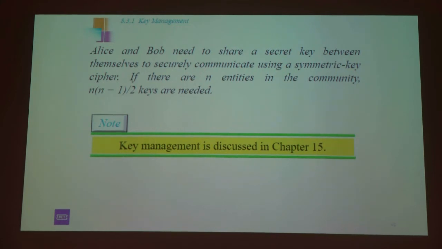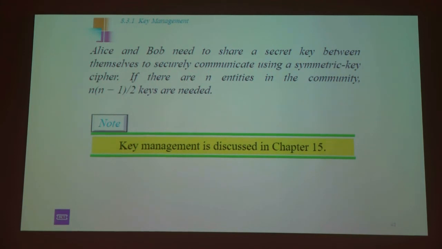This is a major problem, because if we are, for example, 10 people here, we need to share keys. I need to share a key with him. He needs to share a key with Scott. Scott needs to share a key with me. So how many keys are we going to need? n times n minus 1.